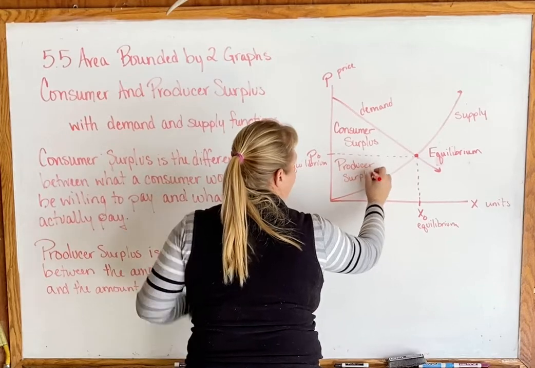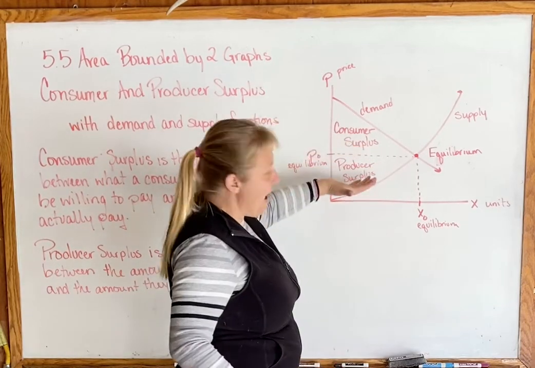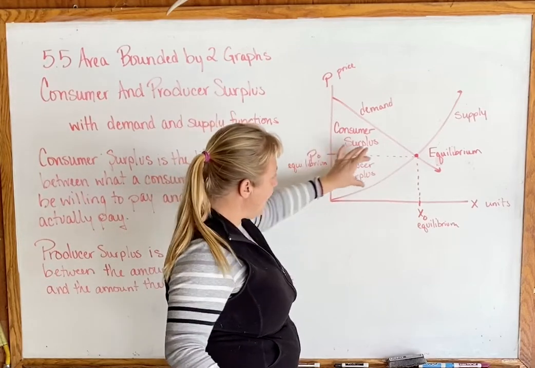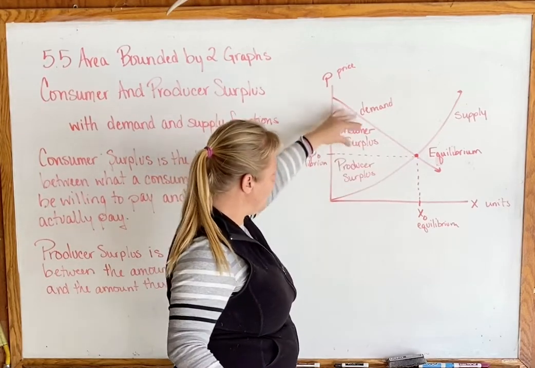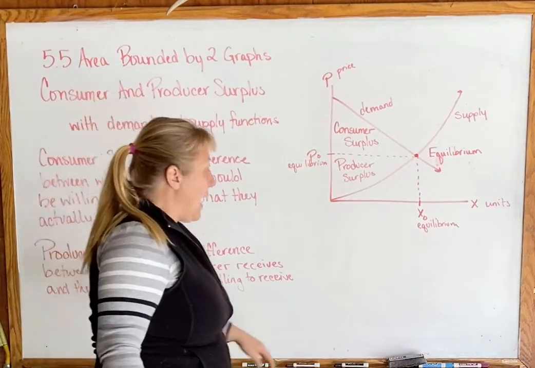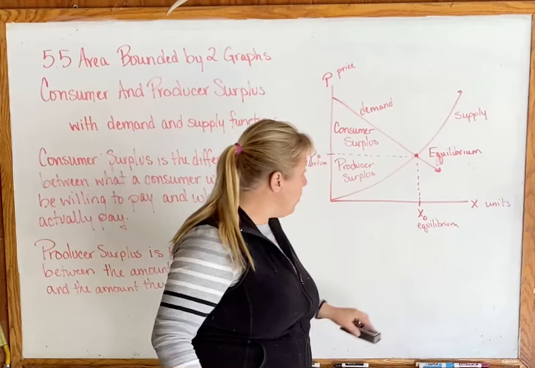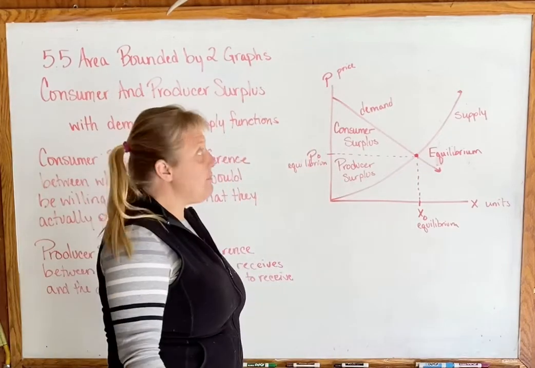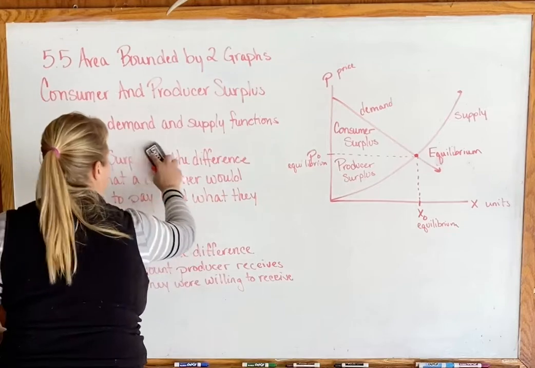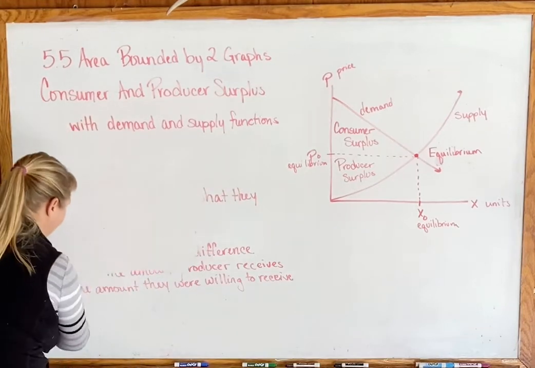So the area between the equilibrium and the supply function, what the producers are supplying, that is the producer surplus. So consumer surplus and producer surplus. And because those are both bounded areas, it means that we can use an integral to find those areas. So let me give you an example here.